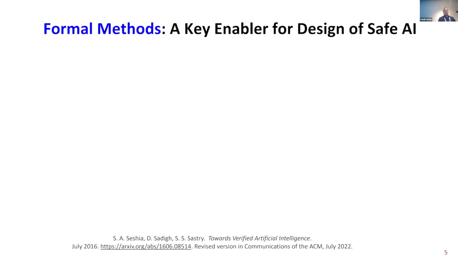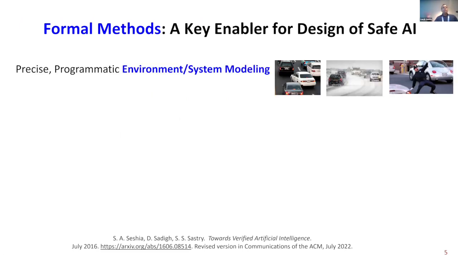Several of us come from the field of formal methods within computer science and engineering. We see this field as a key enabler for AI safety, and one that has to work together with all the other fields, including computer vision and robotics and AI in general. So what does formal methods bring? One thing we hope you'll take away from today's tutorial is that it provides you a notation for precise and programmatic modeling of the world, which is these AI systems and their environments, which can be very complex.